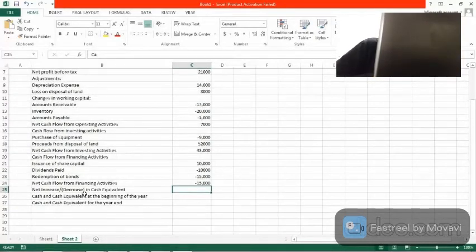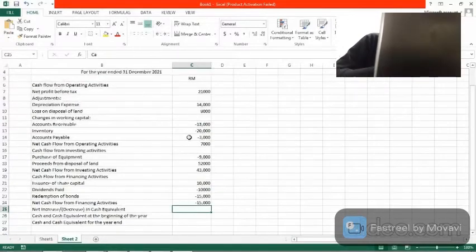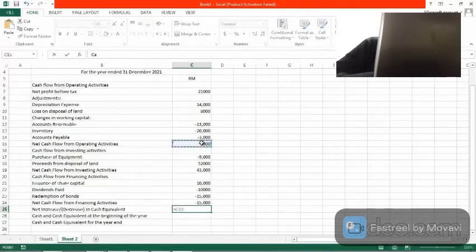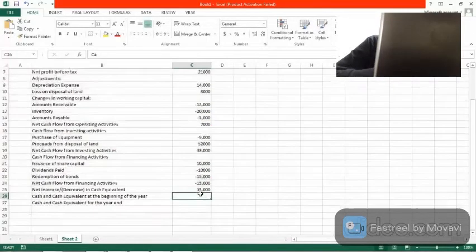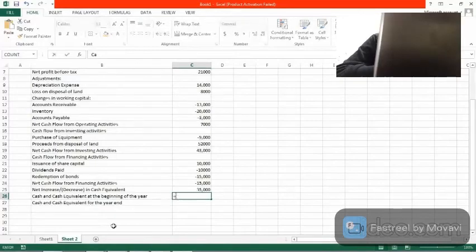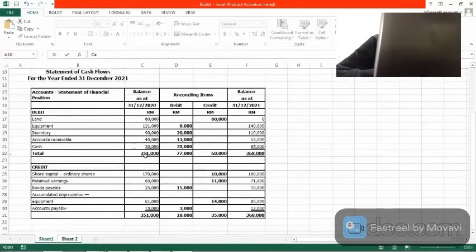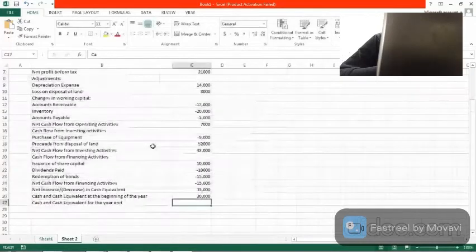To find the net increase or decrease in cash equivalent, we need to add the three items right here: the net cash flow from operating activities, net cash flow from investing activities, and net cash flow from financing activities. So here, 7,000 plus 43,000 plus 15,000. And the cash and cash equivalent at the beginning of the year is 30,000.